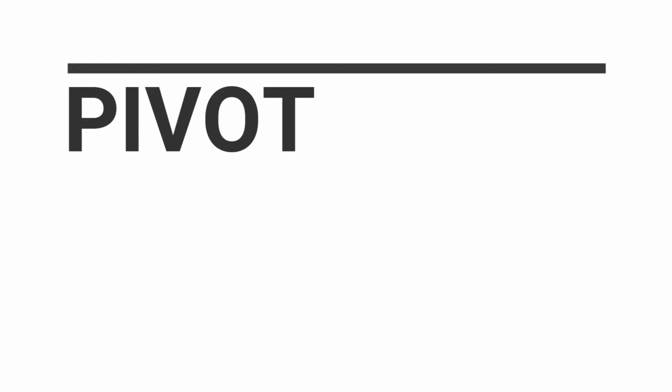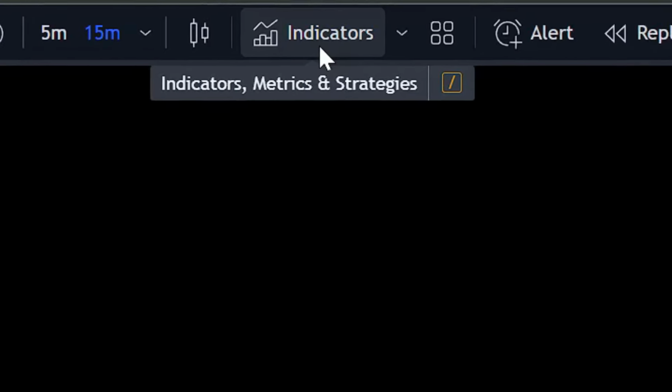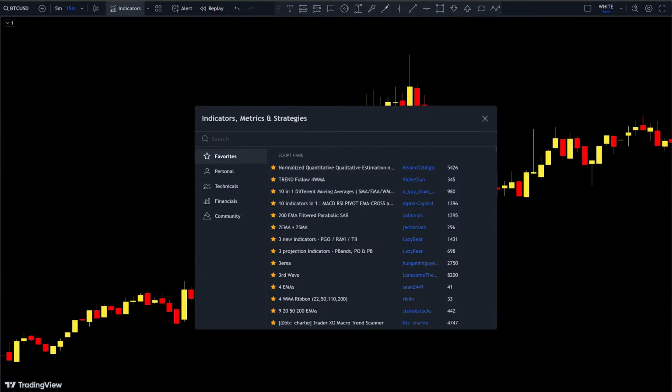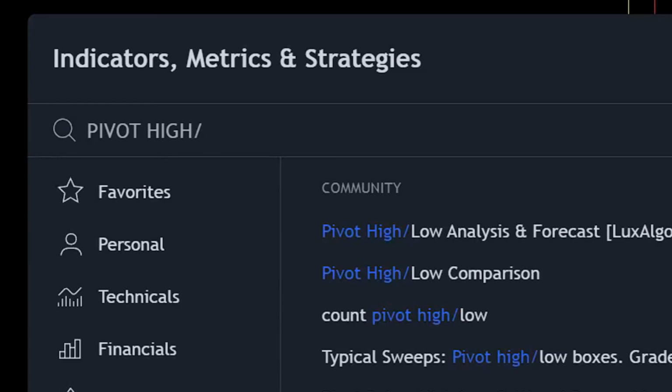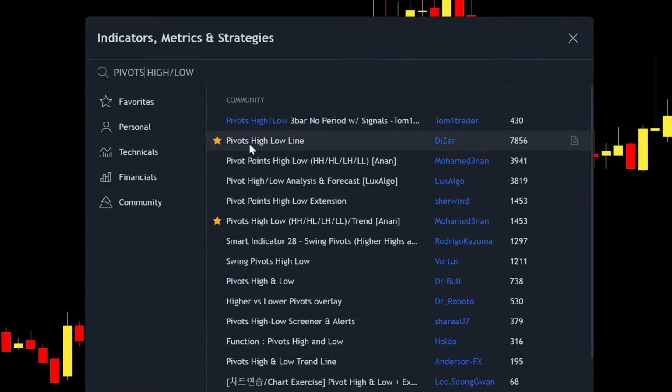Next up in our strategy is the pivot high-low entry indicator, which helps us pinpoint the perfect entry levels for trades. To add this handy tool, let's go back to the indicators section and type in pivot high-low. Once you find it in the results list, give it a click and add it to your chart.